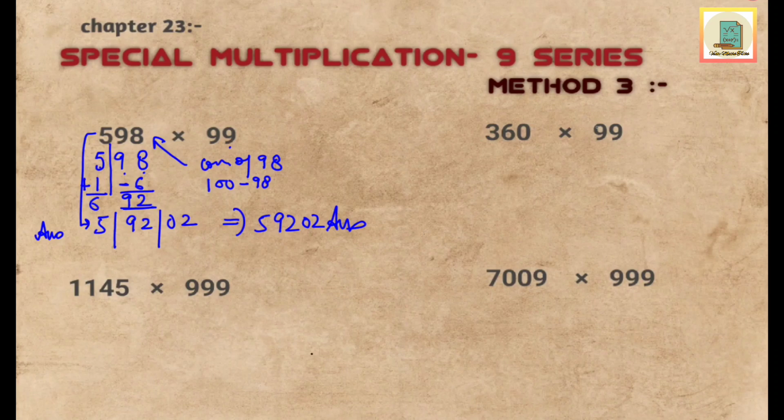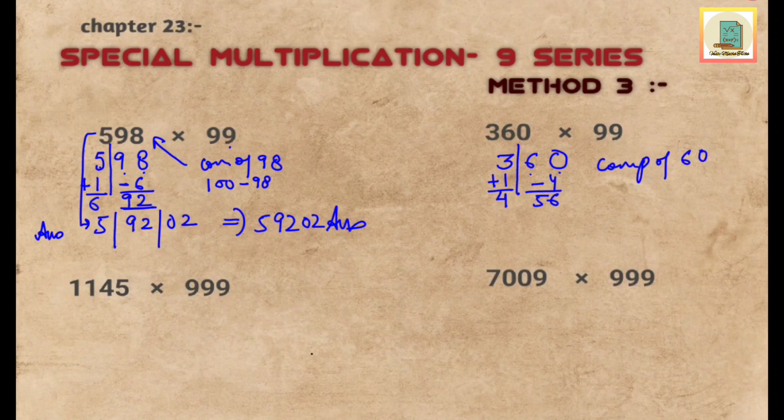Now 360 multiplied by 99. So here write 360 as it is. Now the number of nines is 2. So leave 2 digits from the right and put a separator line. Now add 1 in the first partition. So we get 3 plus 1 is 4. Now minus 4 from 60. So we get 56. And the complement of 60.